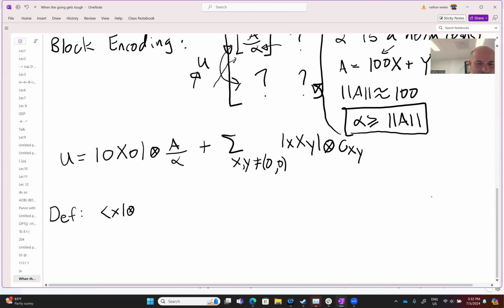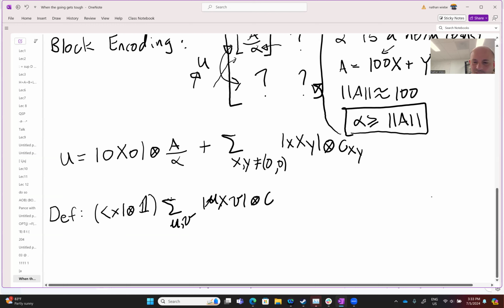⟨x| tensor identity acting on a matrix U over here, which I'm going to write as the sum over x, y, the full uncontracted thing, or you know what, let's instead make it a sum over mu and nu of |mu⟩⟨nu| tensored with some matrix that we have, C_mu_nu, and |y⟩ tensor product with identity.